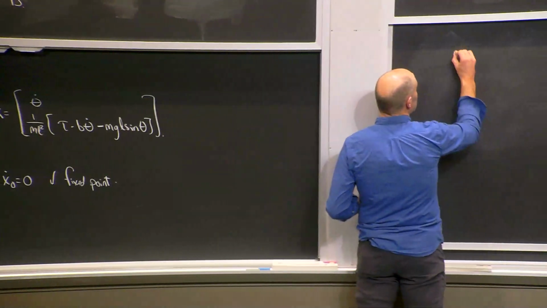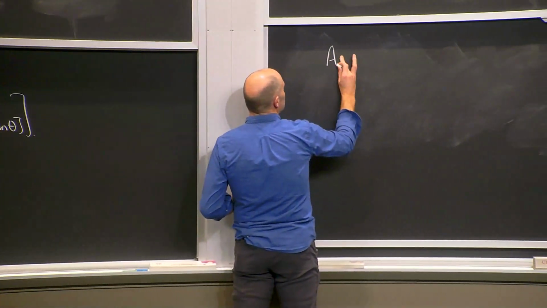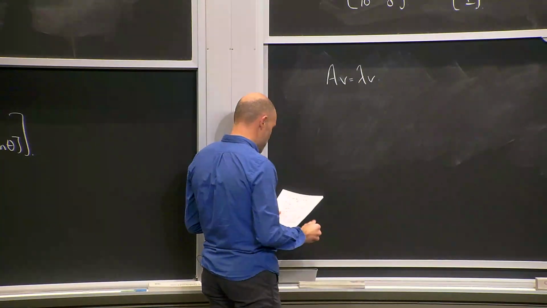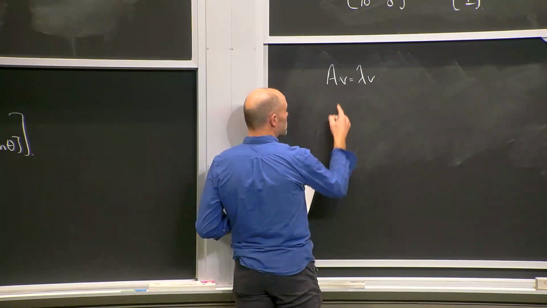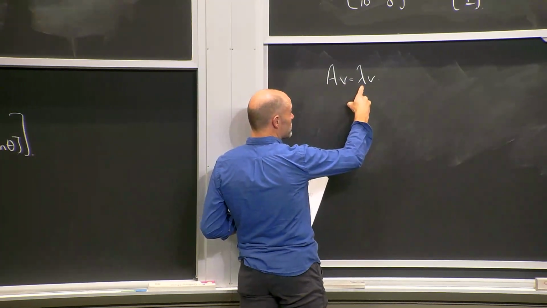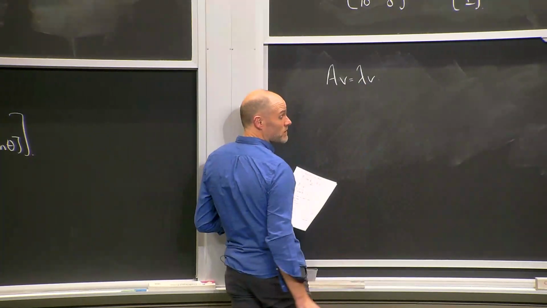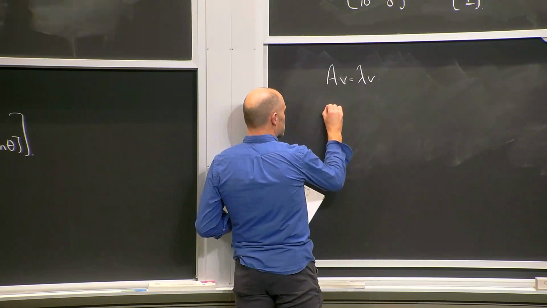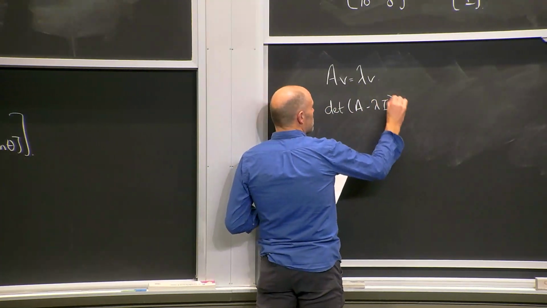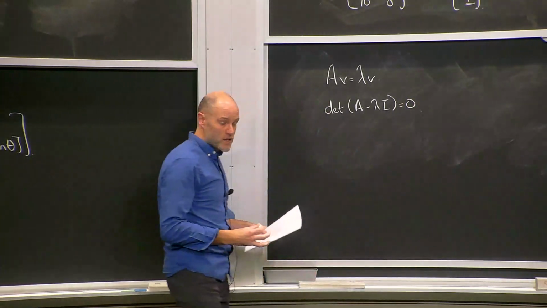All right, you'll remember your eigenvalue definition: multiplying A by an eigenvector gives me the same as multiplying the eigenvector by a scalar. And the thing we have to work with is the determinant of A minus lambda I equals 0. That's the characteristic equation.